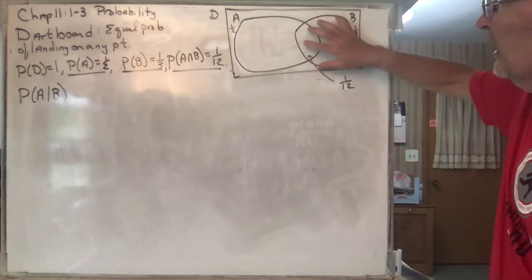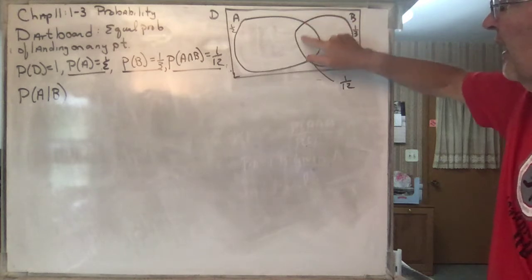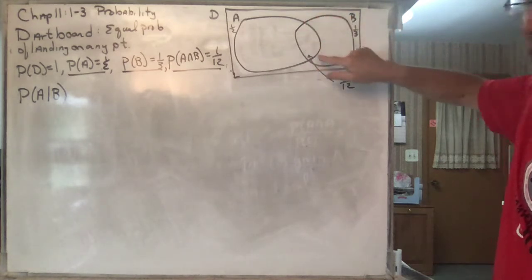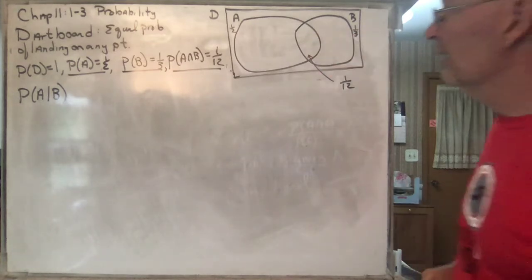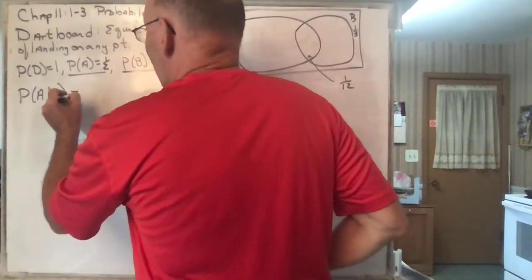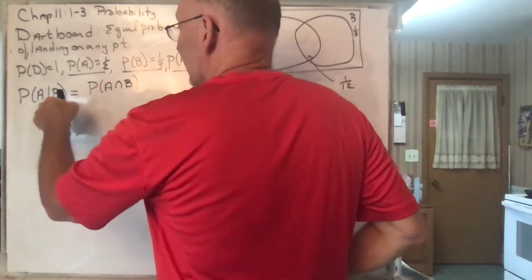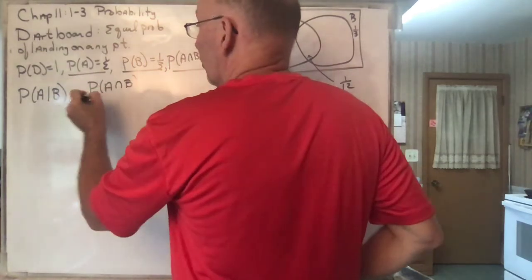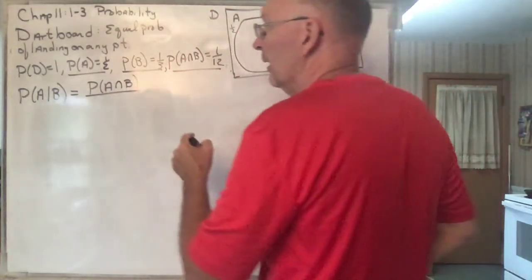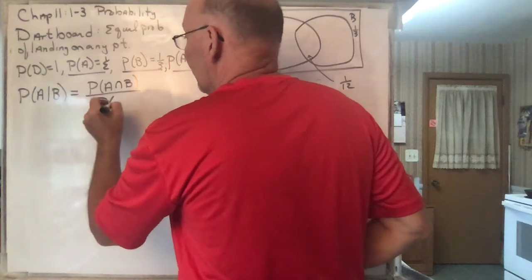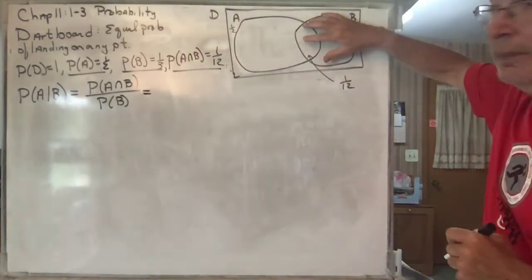So you know you're in here someplace, and given that this is your world, what are the chances that you're also in A? So you want to know the probability you're in both of them, given the fact that I already know that I'm somewhere in here.